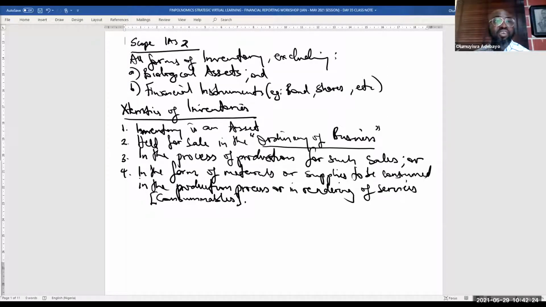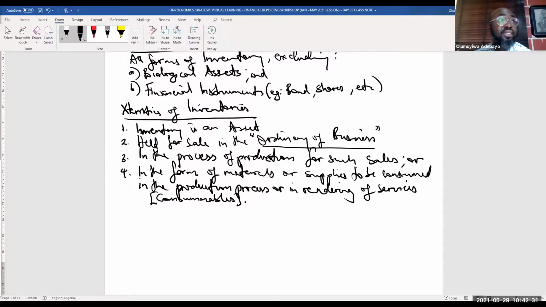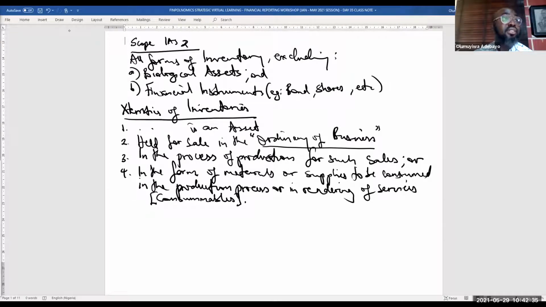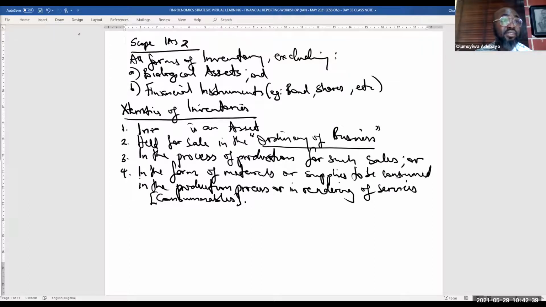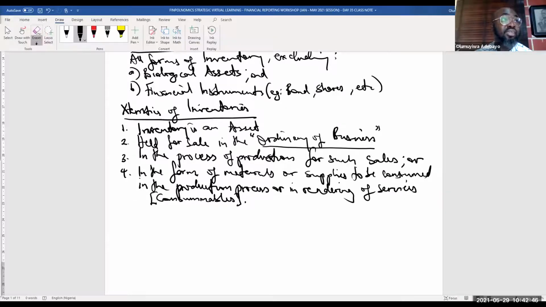So when you find these attributes embedded in an asset, we consider such an asset to be an inventory.